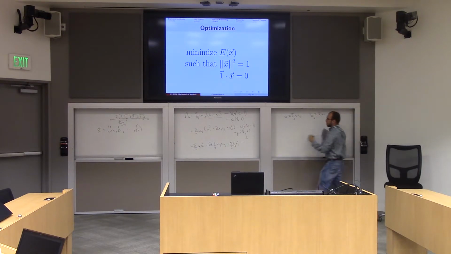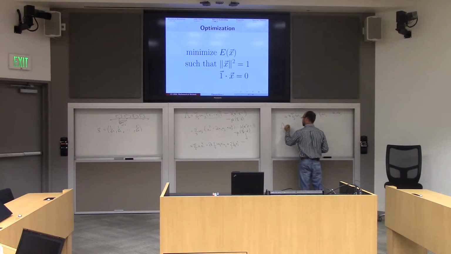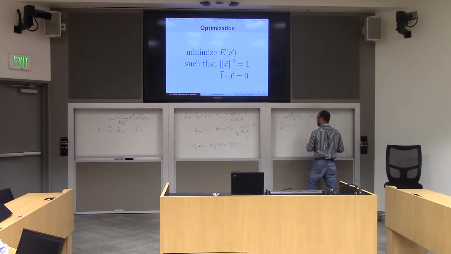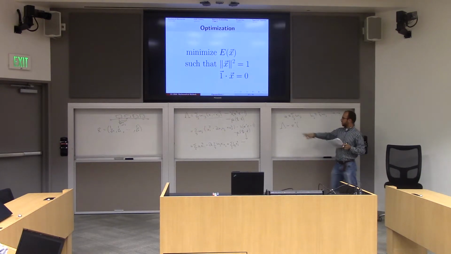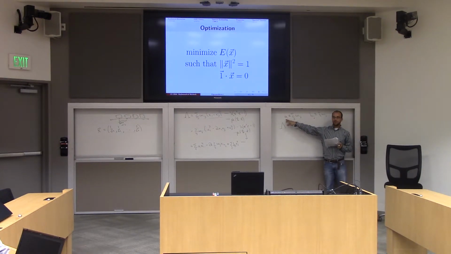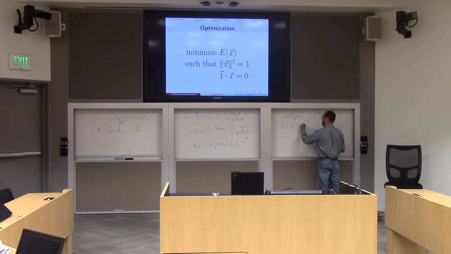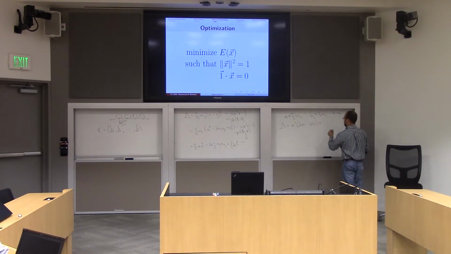So in the end, what did we get? We got lambda times x transpose, and we'll think of capital A as a diagonal matrix whose diagonal entries are the ai's. So it's going to look like 2 capital A minus 2 capital W, times x, minus lambda times (x transpose x minus 1), minus mu.